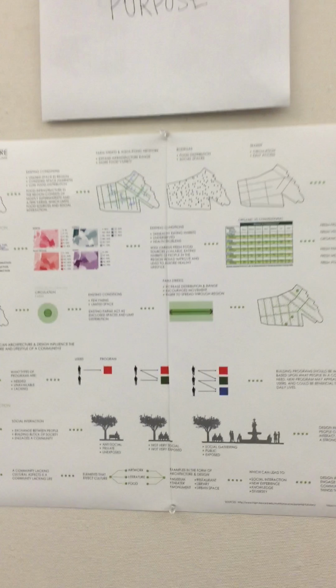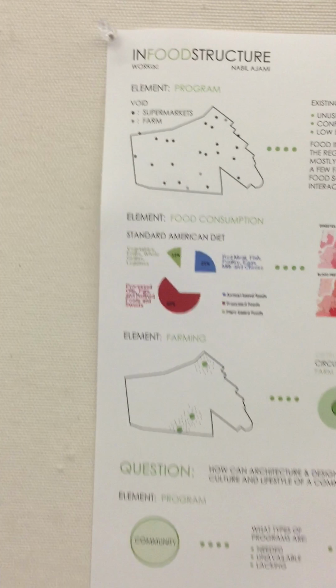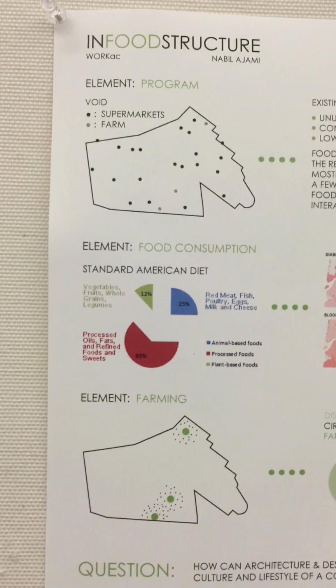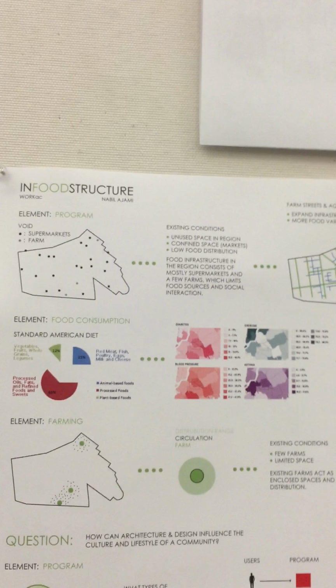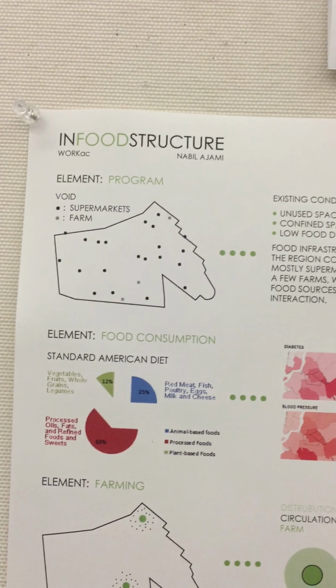Now the third poster would be through purpose, and the 3 different elements that I looked through in their project were program, food consumption, and farming. For program, I broke it down and looked at the existing program that they offer, which is supermarkets and farms.